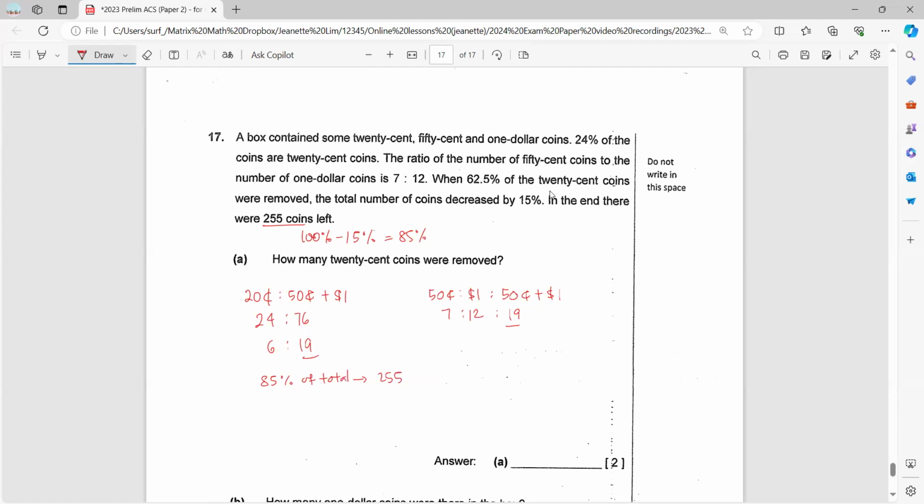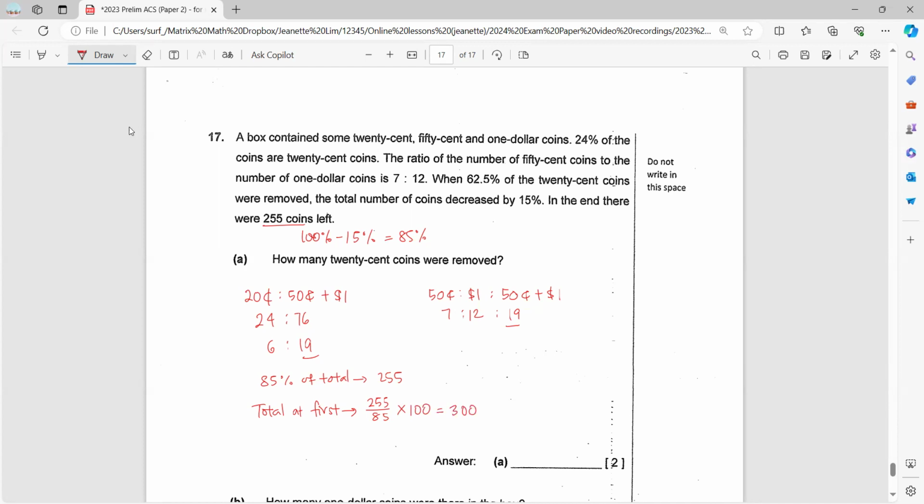So to find the total at first, I'm actually finding 100%. I'm going to do it in one step. 255, to find 1%, I divide by 85. Find 100%, the total at first, times 100. This will give us 300. So the total at first is 300.